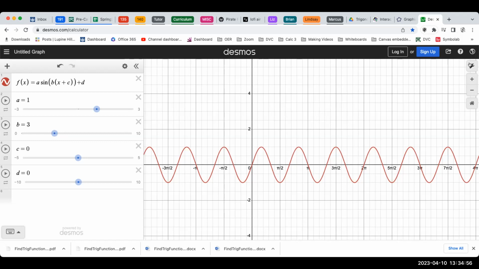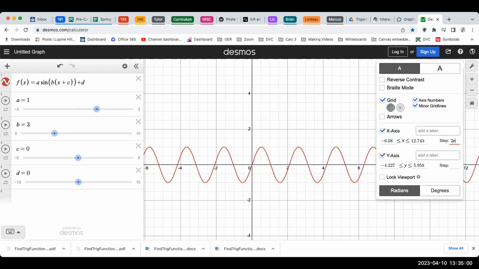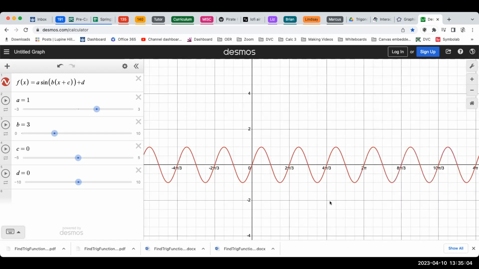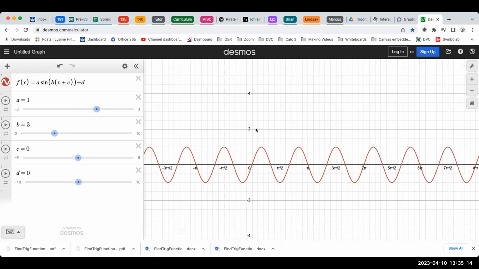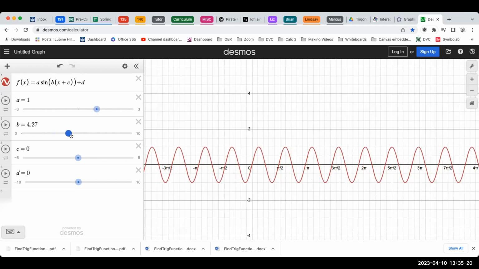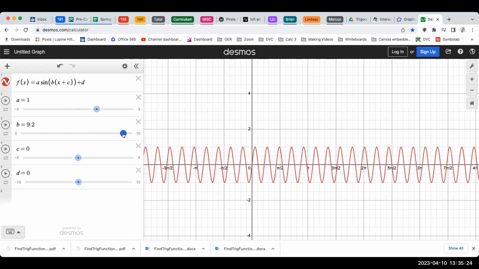Let's double check. 2 pi divided by 3. Notice that 2 pi over 3 is now my new period. Okay, see that? So as I make B bigger, I'm dividing the period into smaller and smaller pieces. So it's going to be cycling a lot faster.